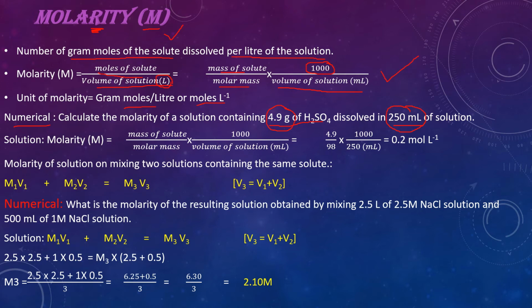The mass of solute is 4.9 divided by molar mass of H2SO4, which is 98 gram, into 1000, because we convert ml into liter, and divided by 250 ml, that is the volume of the solution. So by solving this we get 0.2 moles per liter, that is the molarity. We can write M instead of moles per liter. So we can write 0.2 mole per liter or simply 0.2 M.